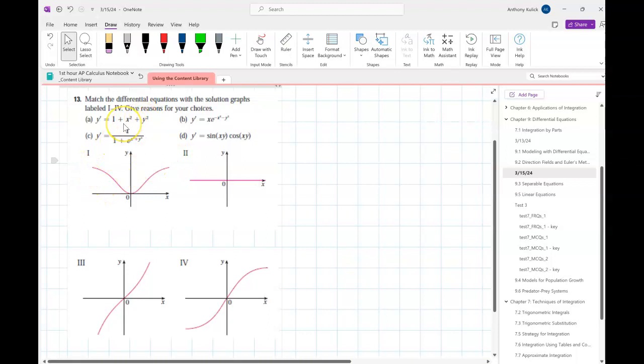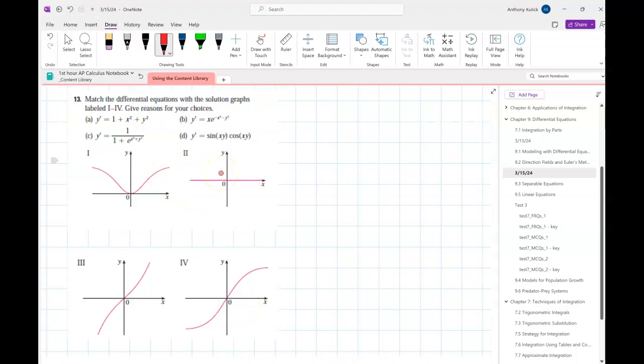So let's think about it this way. At 0, 0, the slope should be 1 on this, right? So if x is 0 and y is 0, the slope for my function should be 1. So I'm going to look through here. It could be this one, it could be this one. It can't be those two, right? So I'm going to just ignore 1 and 2 for now.